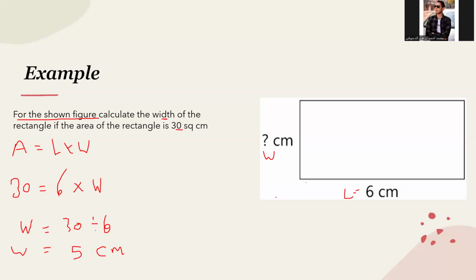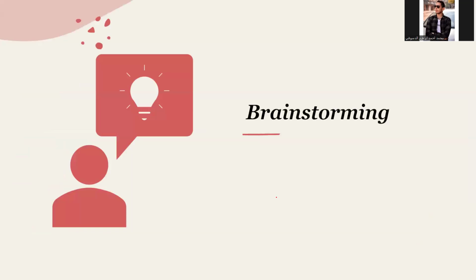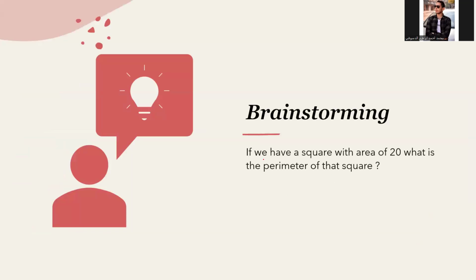Okay, let's make some brainstorming for different problems. If we have a square with an area of 20 meters, what is the perimeter of that square?